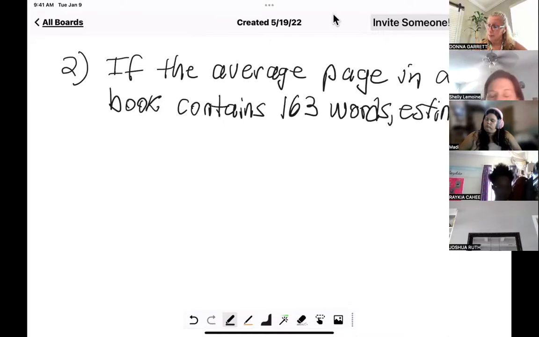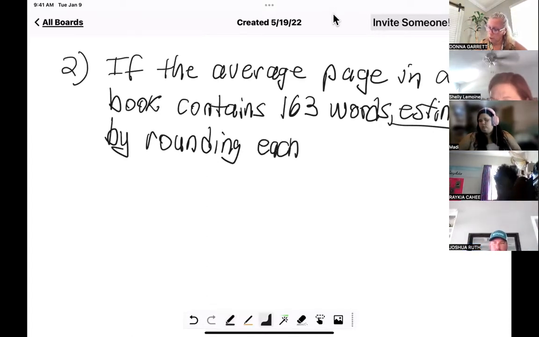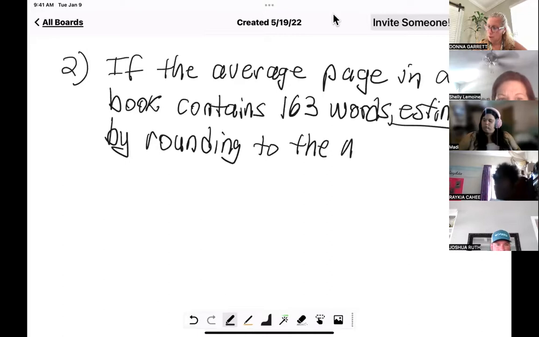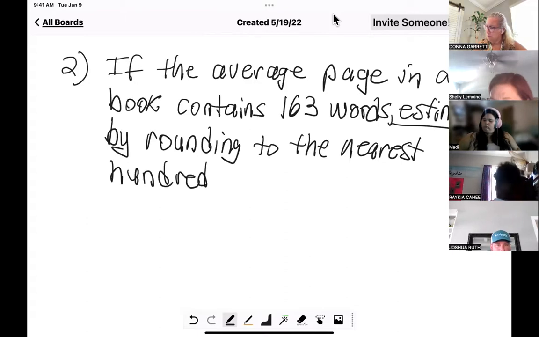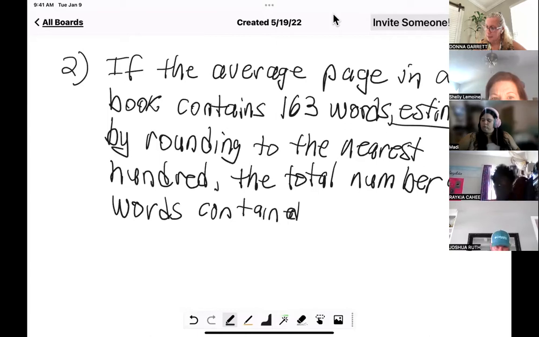Estimate, there's that estimate, by rounding to the nearest 100 the total number of words contained on 391 pages.